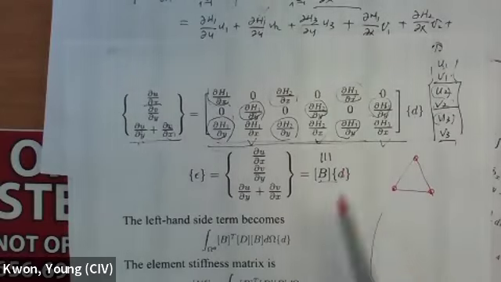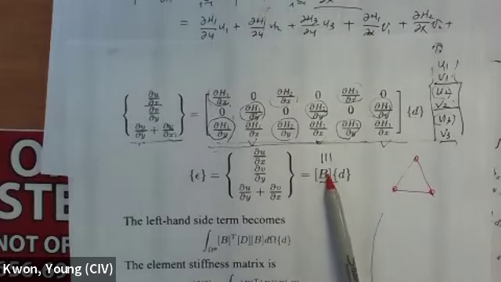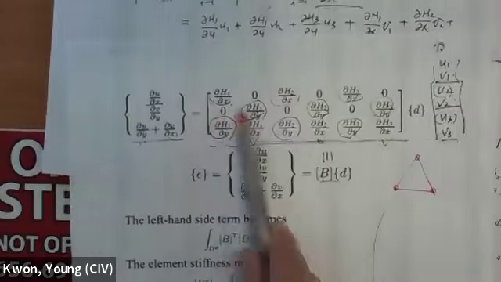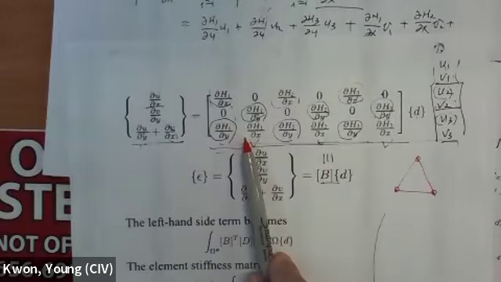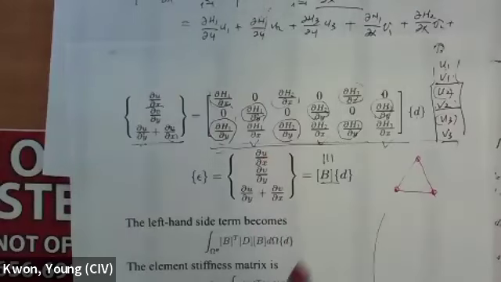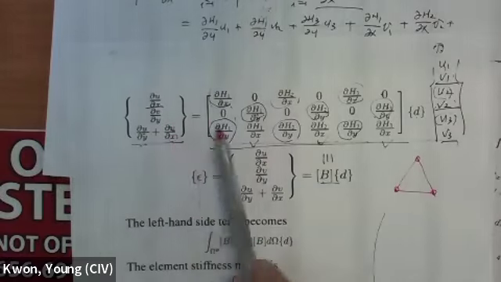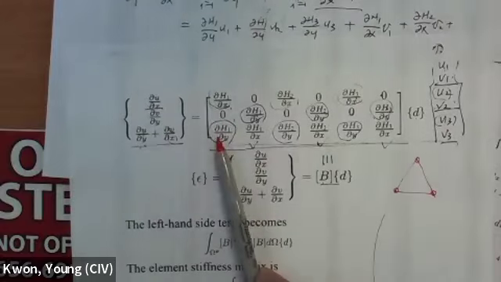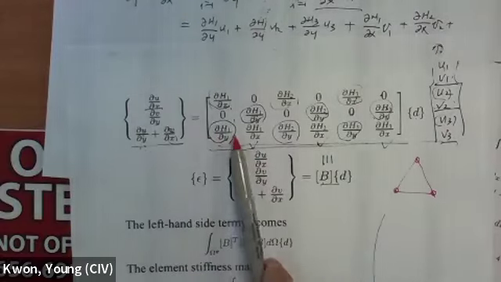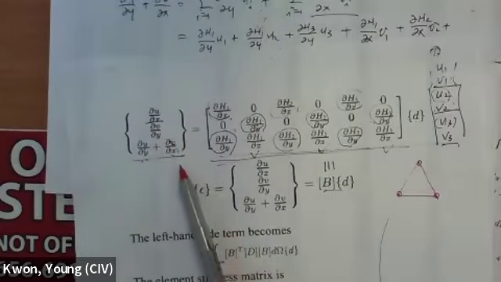Okay. And what about matrix B? For matrix B, the number of rows again depends on whether it is 1D, 2D, or 3D. In 1D, you have only one strain, so the number of rows is going to be 1. In 2D, you have 3 strains, so always 3. And in 3D, you have 3 normal strains and 3 shear strains.